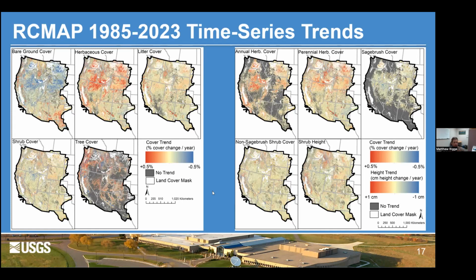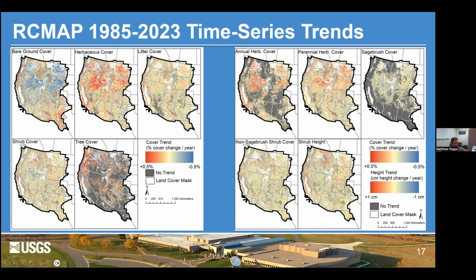So the static map is interesting, but to me what's really a lot more interesting is looking at how things have changed through time. This is just a simple linear trend of each one of the components from 1985 through 2023. Where we have blue, we're seeing decreasing cover of that component on average through time, and red, we're seeing increase in that component through time.